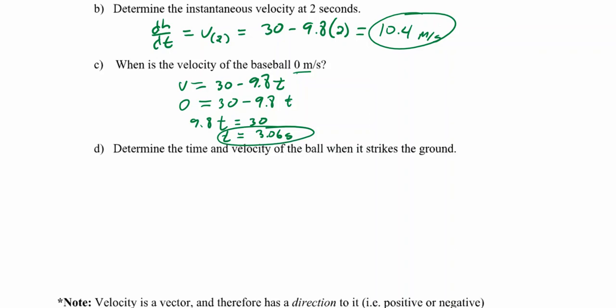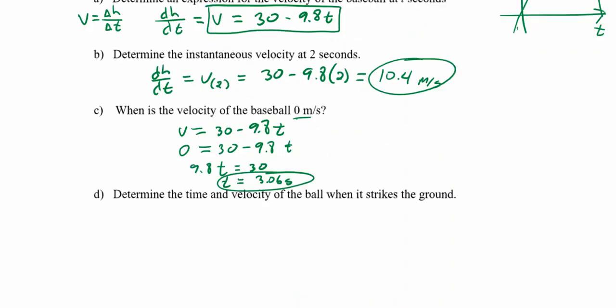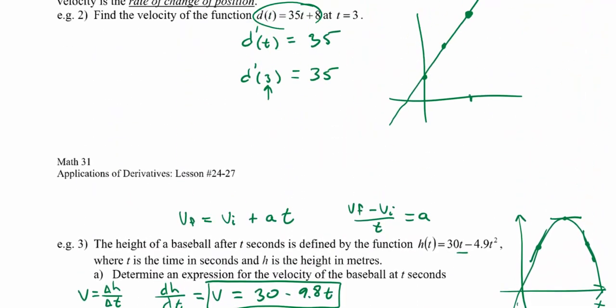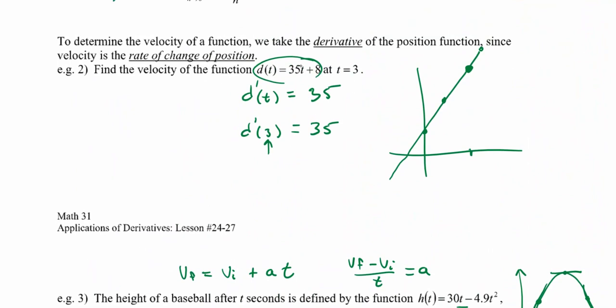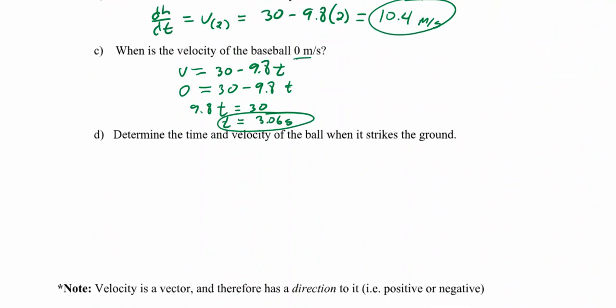Determine the time and velocity of the ball when it strikes the ground. Okay, so when it strikes the ground, I'm going to want to use the original function, right? That is, d of t is equal to 30t minus 4.9 t squared.